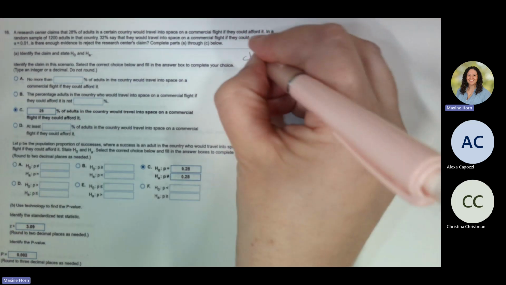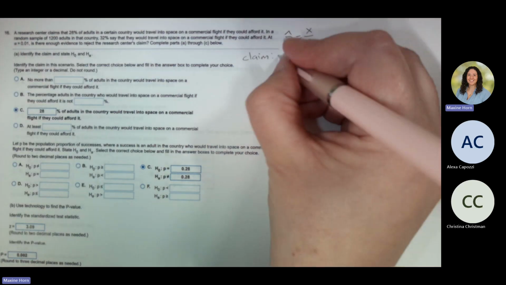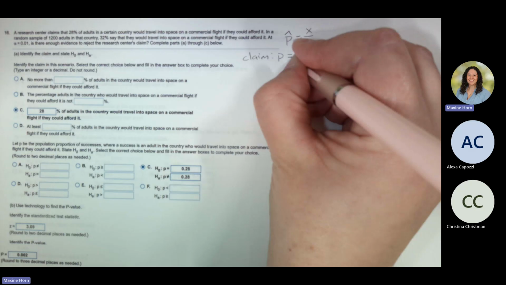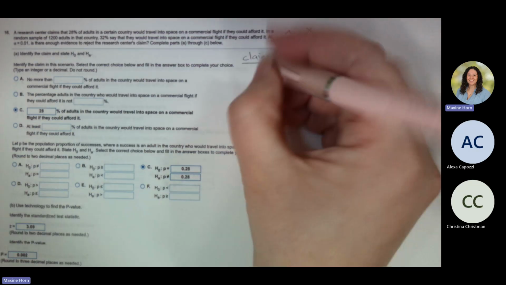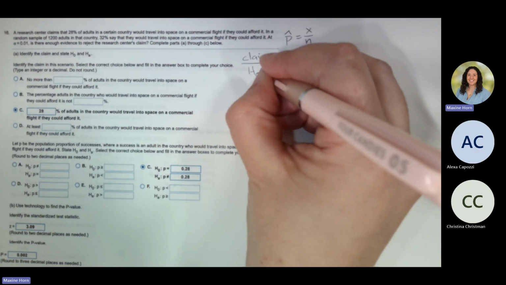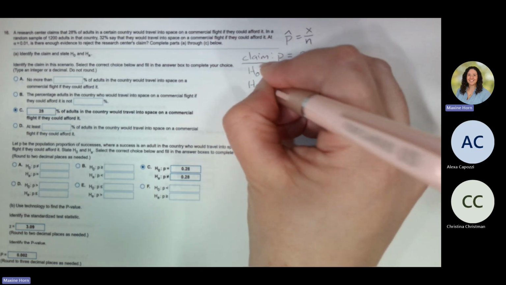What's the claim? The center claims that 28% of adults, so the proportion is 0.28. That's the claim. The claim is that the proportion of adults that would do this is 28% or 0.28. Okay, is that a null or is that an alternative?